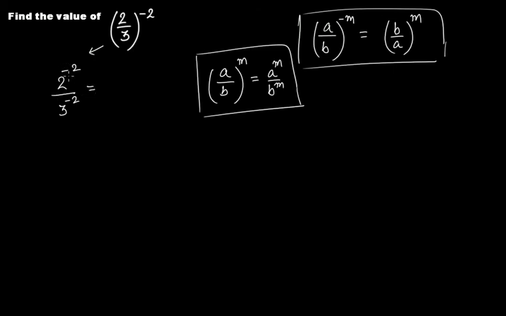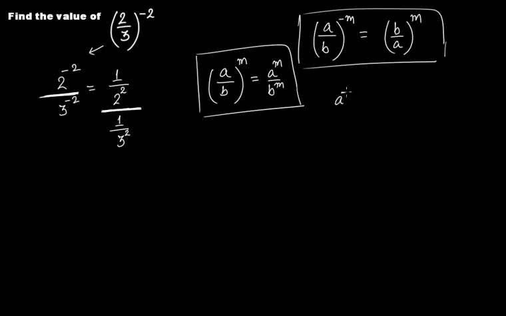Now this 2^(-2) can be written as 1 by 2^2, and this 3^(-2) can be written as, remember this is a divide, this is the division line, so 1 by 3^2. How?